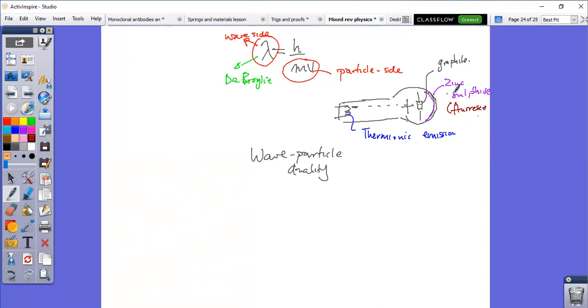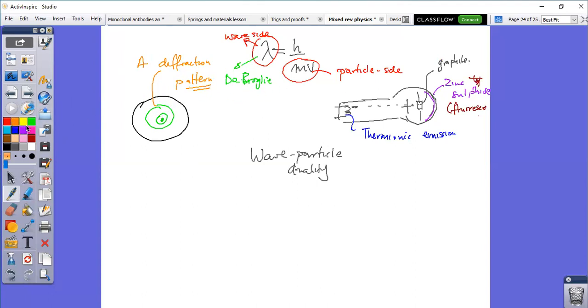And what you notice, if you had your eyes end on, is a series of rings on that screen. Now these rings denote a diffraction pattern. And you can only get a diffraction pattern from waves.